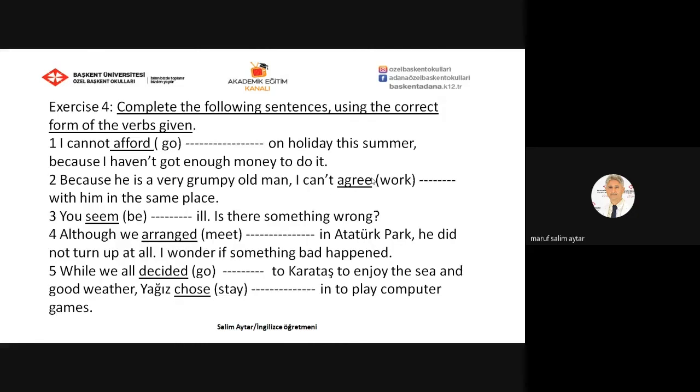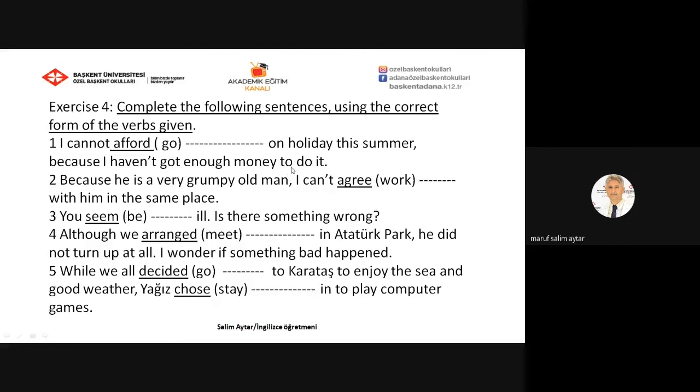So have a look at this exercise right now. Can you complete the following sentences using the correct form of the verbs given? The first one, for example, I can't or I cannot afford. What can't I afford?